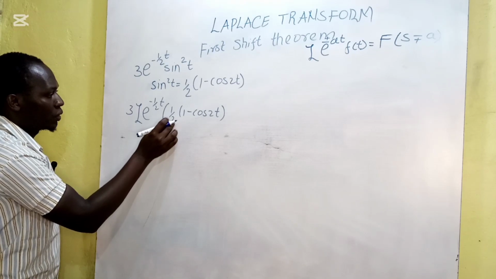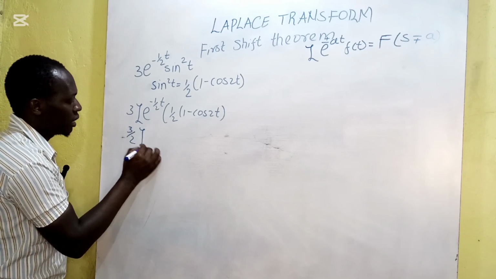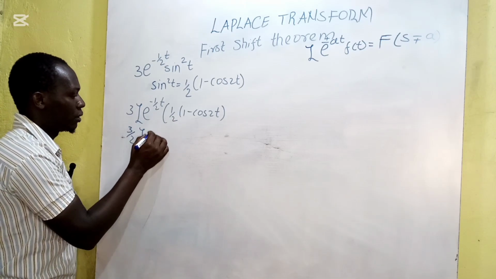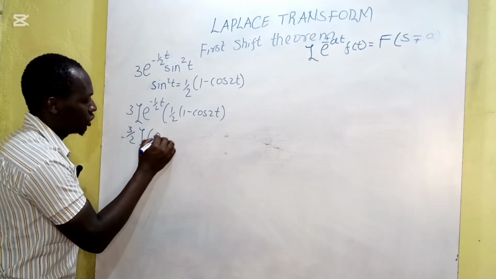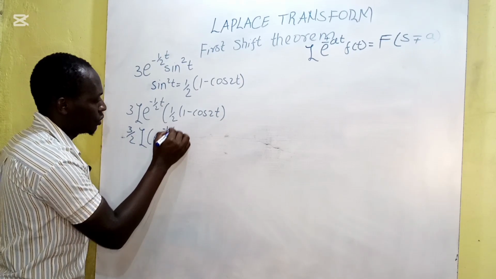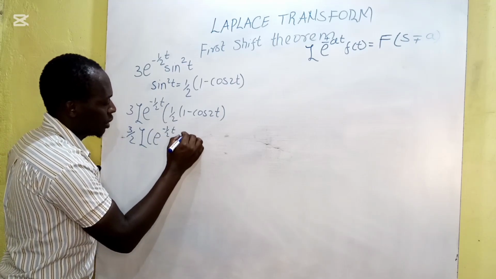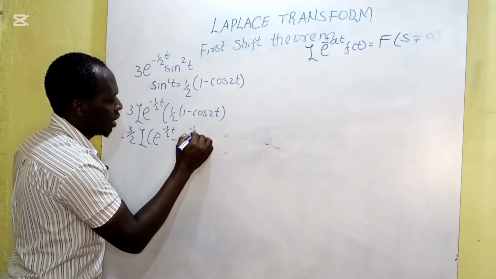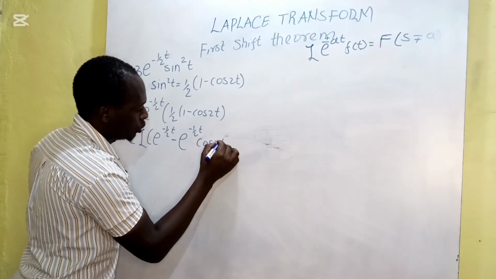By factoring out a half, we are going to have 3 all over 2. We get the Laplace transform of, we open the bracket, exponential negative a half t, we subtract from exponential negative a half t, cos 2t.